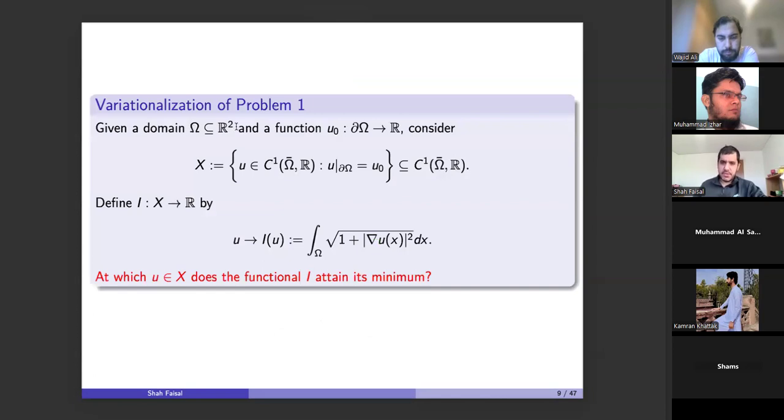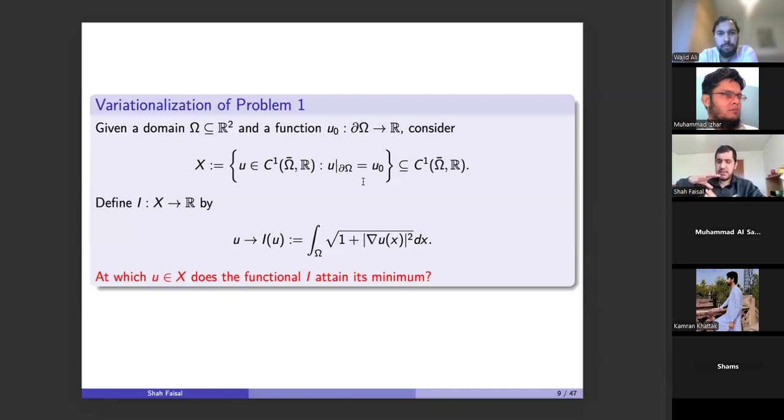So we can formalize this question. Given a domain in R2 and a function u naught, which I think of as a curve in R3, I look at the graph of u naught, and it will be some closed curve in R3. And then I look at the space of functions which are smooth, but agree with the given function on the boundary.